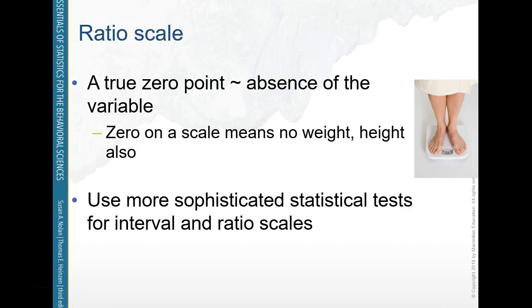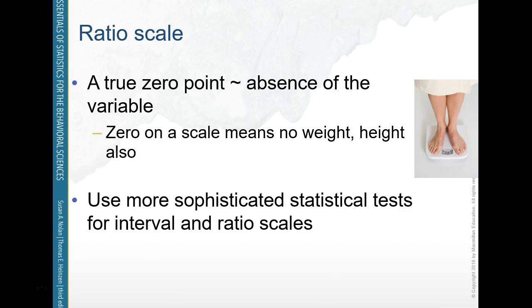Zero inches in height means it has no height. Those are actual real ratio numbers that you can do math with, you can create ratios, you can do everything you need. As I said, for our purposes in behavioral sciences, we typically consider interval and ratio scales pretty much equivalent and do the same types of statistics.